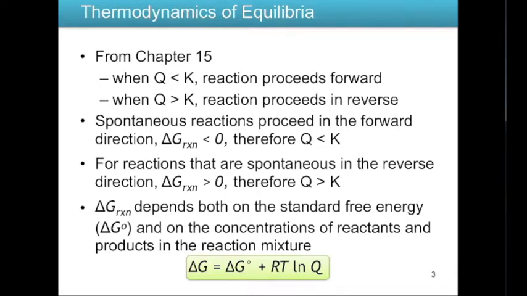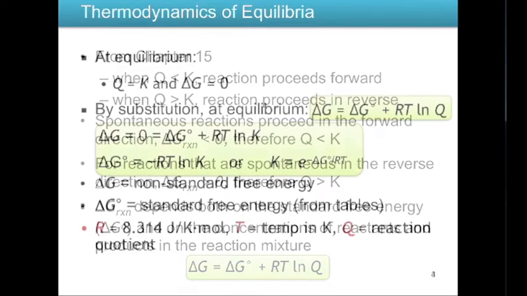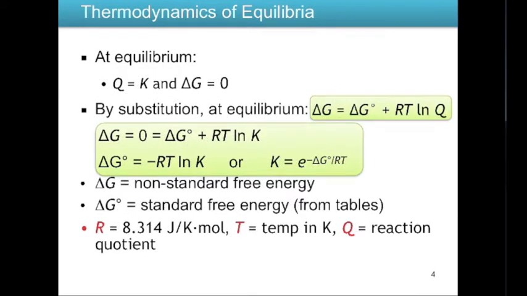From this, we can say that delta G of reaction depends both on the standard free energy, delta G naught, and on the concentration of reactants and products in the reaction mixture. So we can define the equation below: delta G at non-standard state conditions equals delta G at standard state conditions plus RT times the natural log of Q. At equilibrium, we know that Q equals K. The equilibrium constant equals the reaction quotient, and we also know that delta G equals 0.